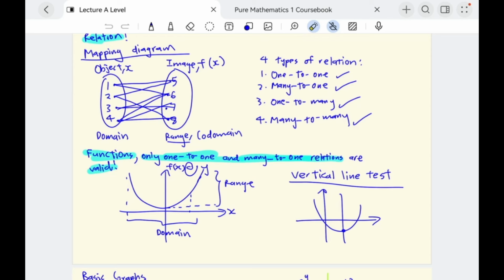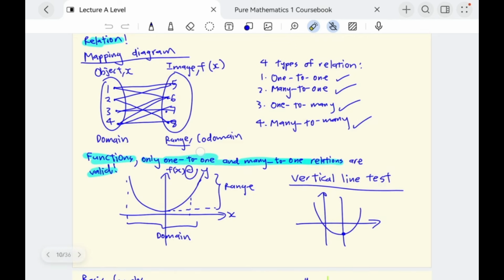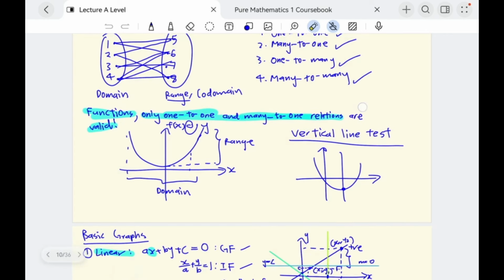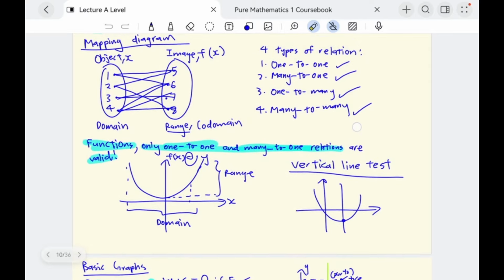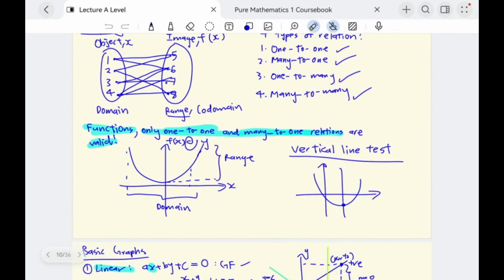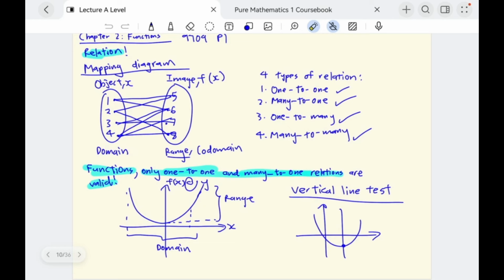So technically, for functions, only one-to-one and many-to-one relationships are valid, such as quadratic function and linear function. Later on we are going to discuss some basic graphs that you need to master.